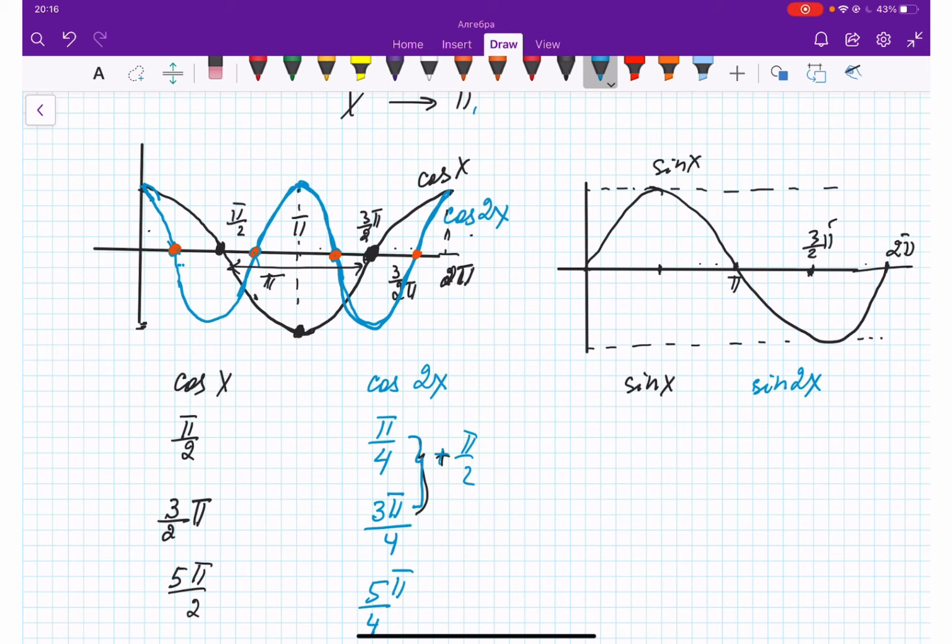Now let's build cosine x. So it's 2.5. It's gonna come here. And okay, let's see. Gonna come here and then come down here where pi is. The opposite phase, right?